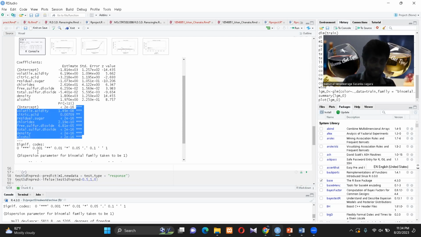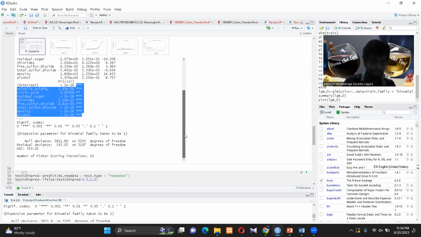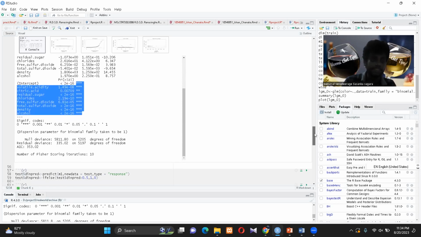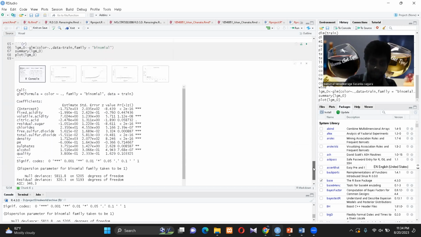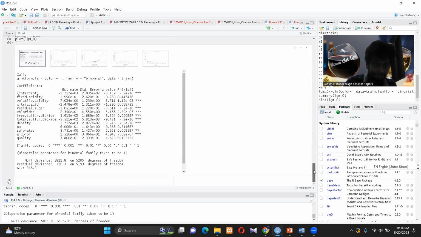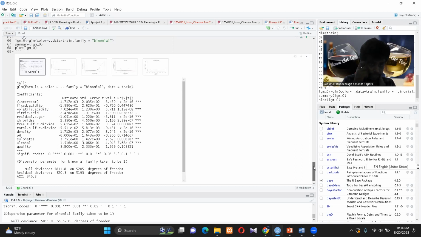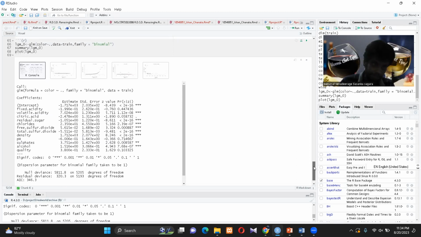Not only that, we can see this AIC value. AIC value is 353 here. It must be decreased for a better model, but here it has been increased a little bit.